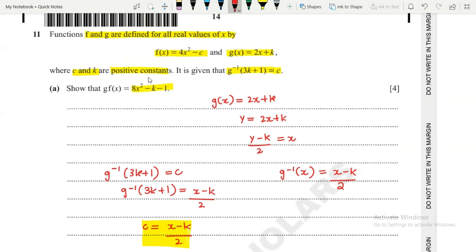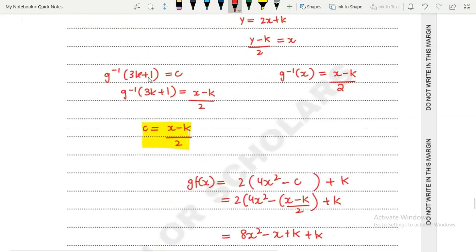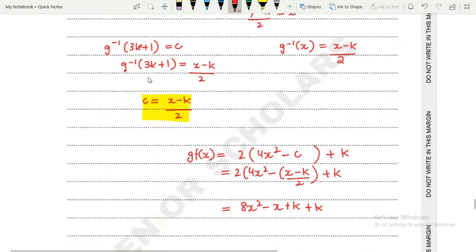So if this is equal to c, then what we have done here is that we did not actually eliminate the x. So let me just remove this from here. Let me just erase this all.